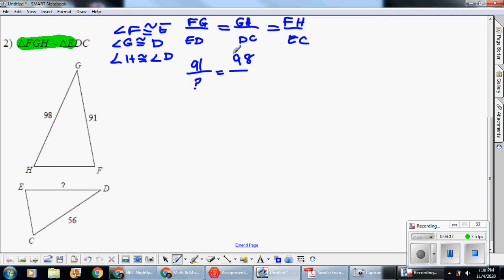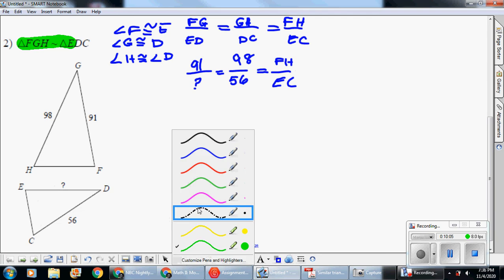Now what is the length of segment DC? DC is 56. Now what is the length of FH? I don't know, so there's nothing I can substitute in there. And what is the length of EC? I don't know it, so I cannot substitute in there.